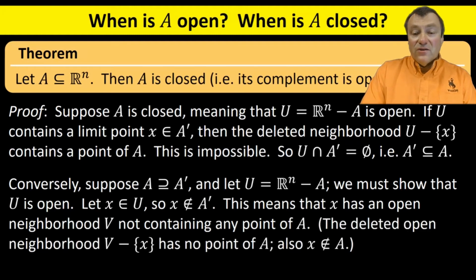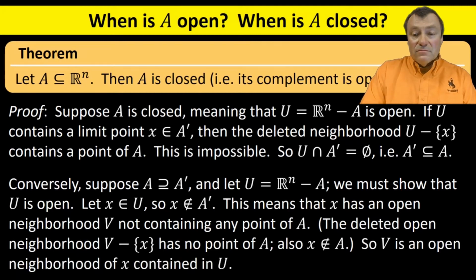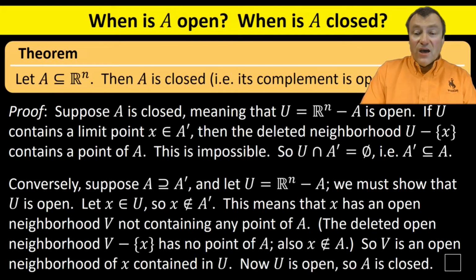Well, the deleted open neighborhood V take away X has no point of A, but also X itself is not in A. That means V is an open neighborhood of X contained in U. And this proves that U is open. So its complement A is closed. That's our proof.